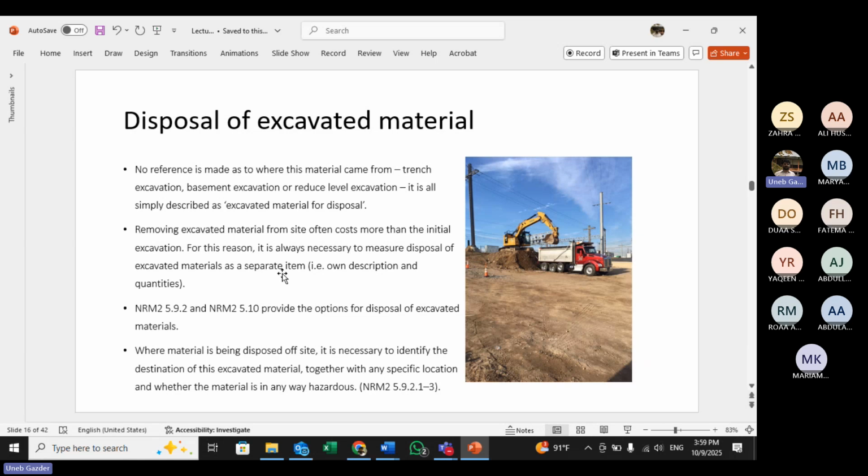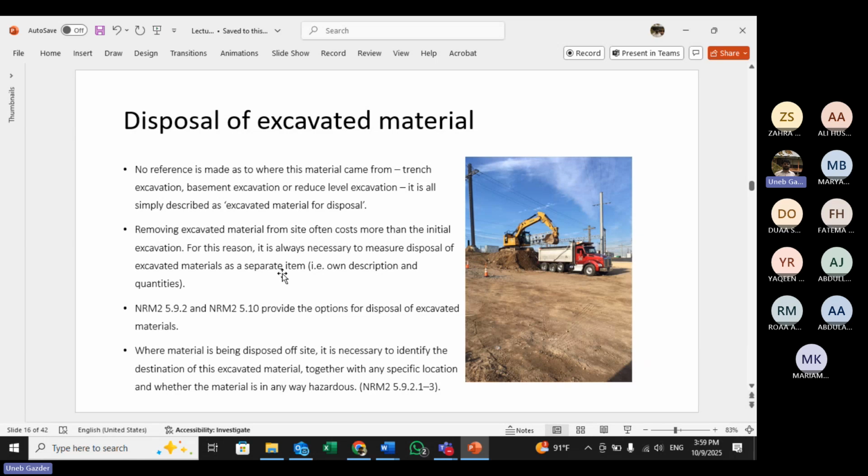But if you are going to dispose it somewhere else, then you need to identify the destination, and you have to check if there are any hazardous materials, as Abdulaziz was saying, any chemicals. It's very rare that you will have such chemicals, but the government will take all the actions, obviously. Even if the chemicals are not there, you have to prove that it's safe. The material disposal is safe. So like I said, you need permissions and you need testing and so on. After that, you can dispose the material.